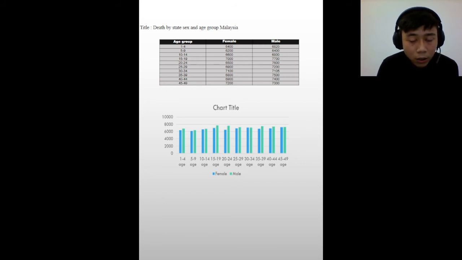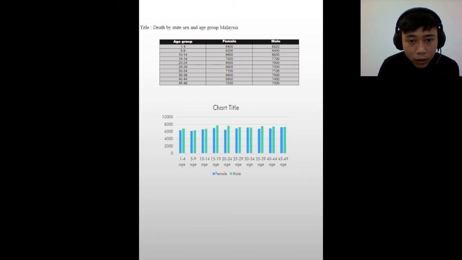And age 30 until 34, female has 7,100, and male 7,105. 40 until 44, female 6,900, and male 7,400.